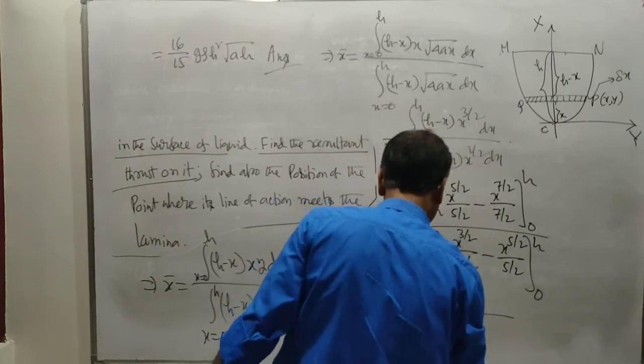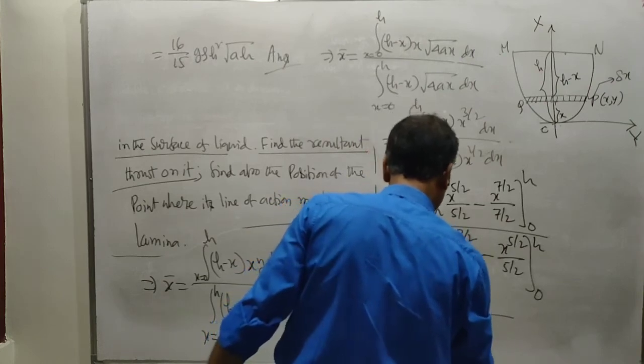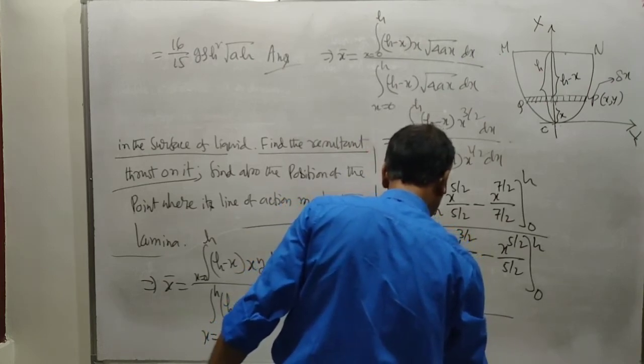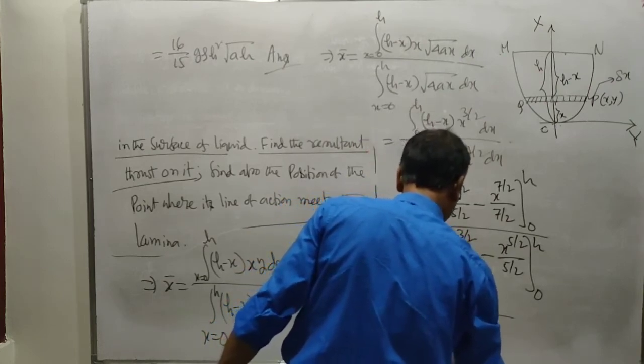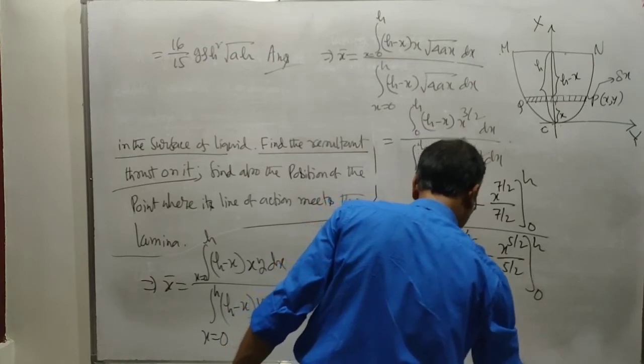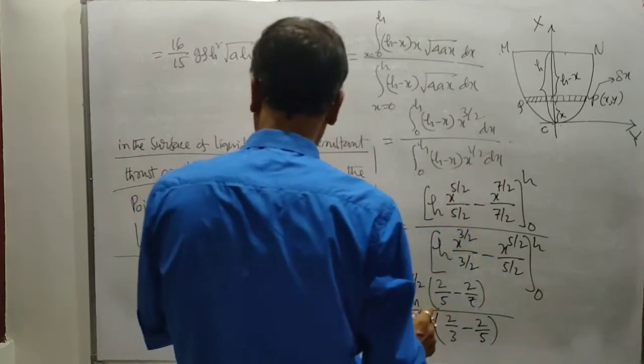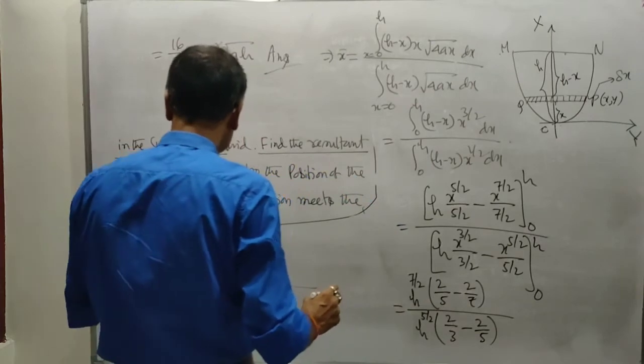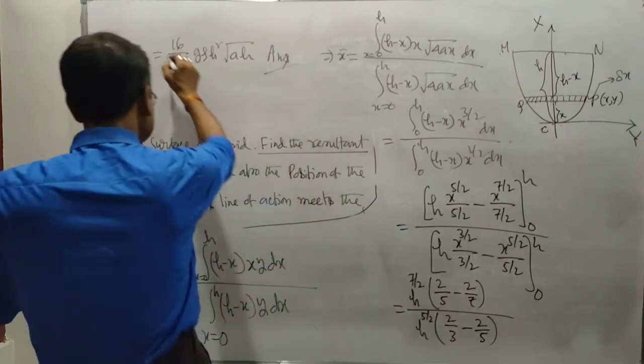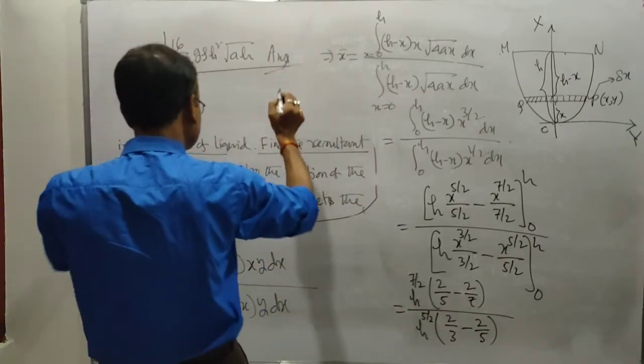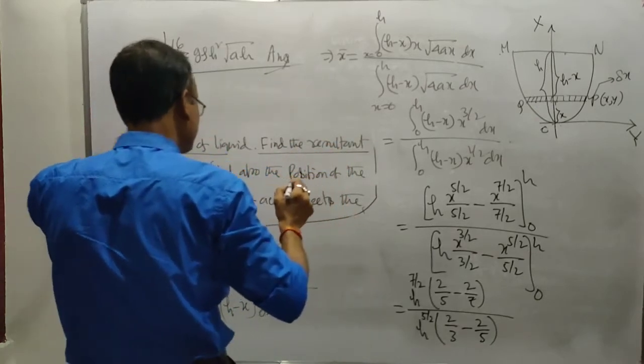It is h to the power 5 by 2, 2 by 3 minus 2 by 5.